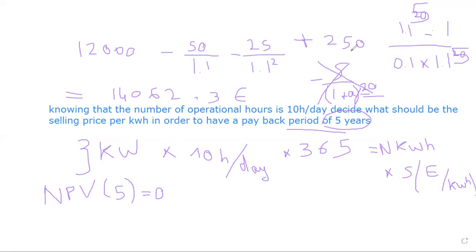And we should consider, so this is minus, because this is a cost. So minus this term, and now we will add to this the income. So plus, so let me write it again.